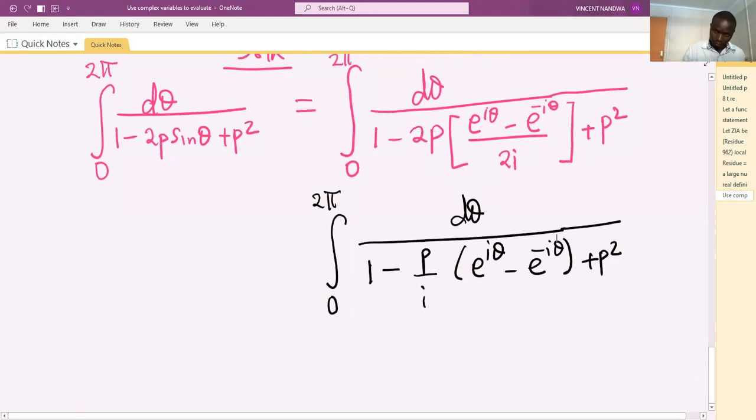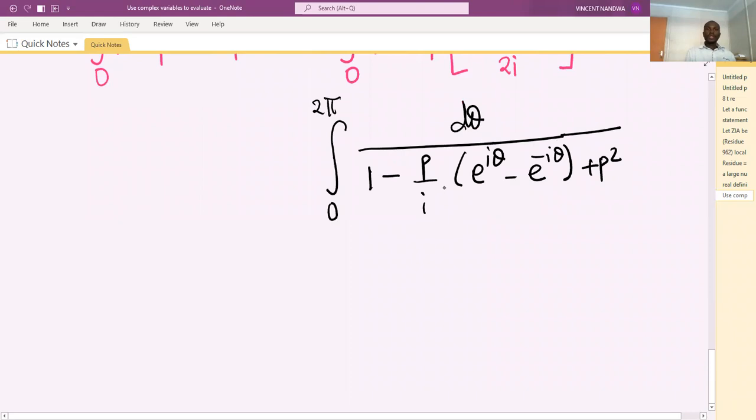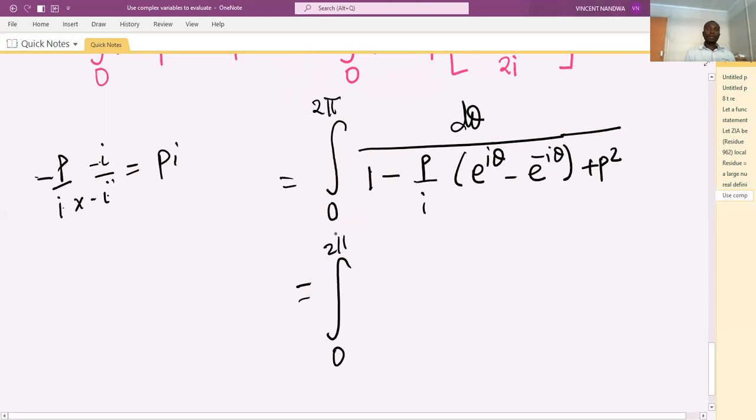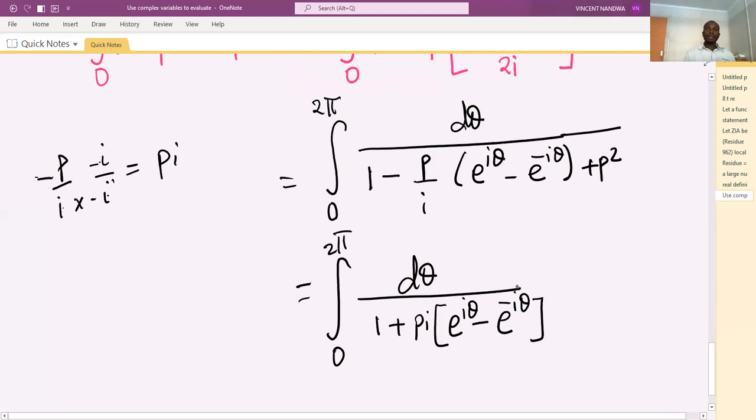Next step, you see when you multiply this part, so minus p over i, if you multiply by negative i times negative i, this will give you negative i times i is 1, so negative, negative, positive, so this will be pi. So this integral will be the integral from 0 to 2 pi d theta divided by 1 plus pi into e raised power i theta minus e raised power minus i theta, and then plus p squared.